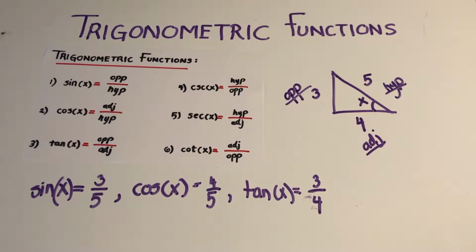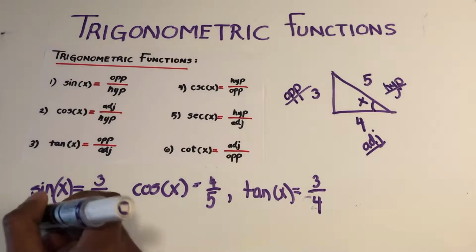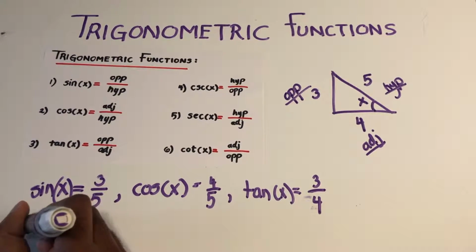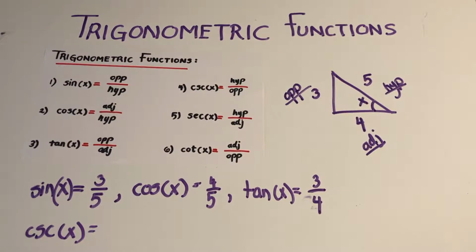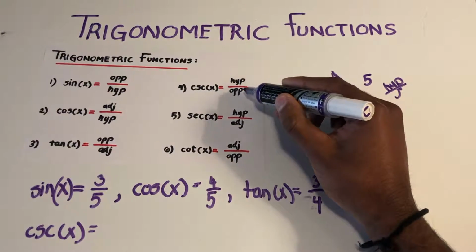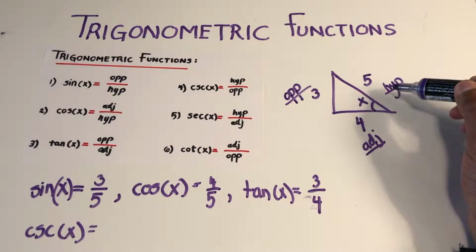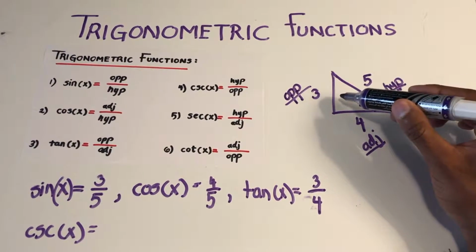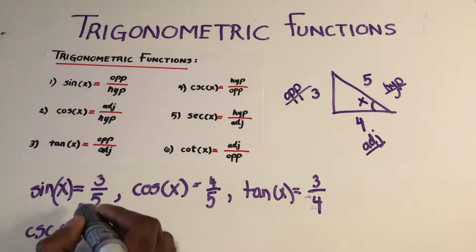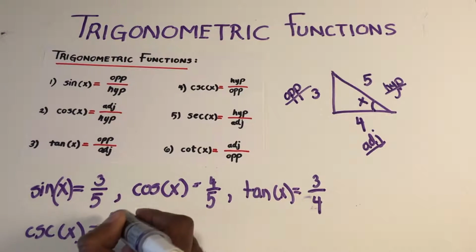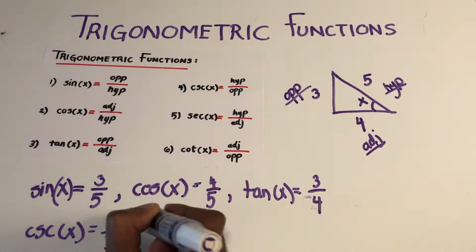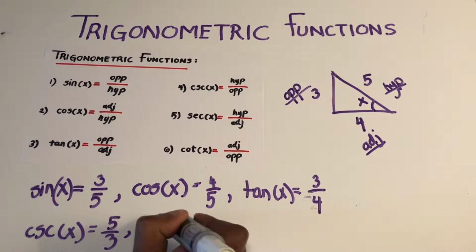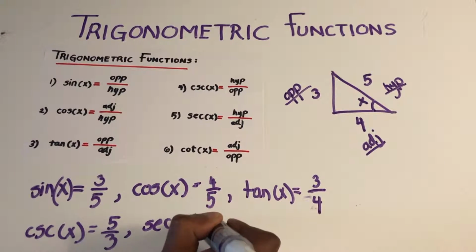Starting with cosecant, we have CSC, or cosecant, is equal to hypotenuse over opposite. So 5 over 3, the exact reciprocal of the sine. Now we have the secant, secant x.